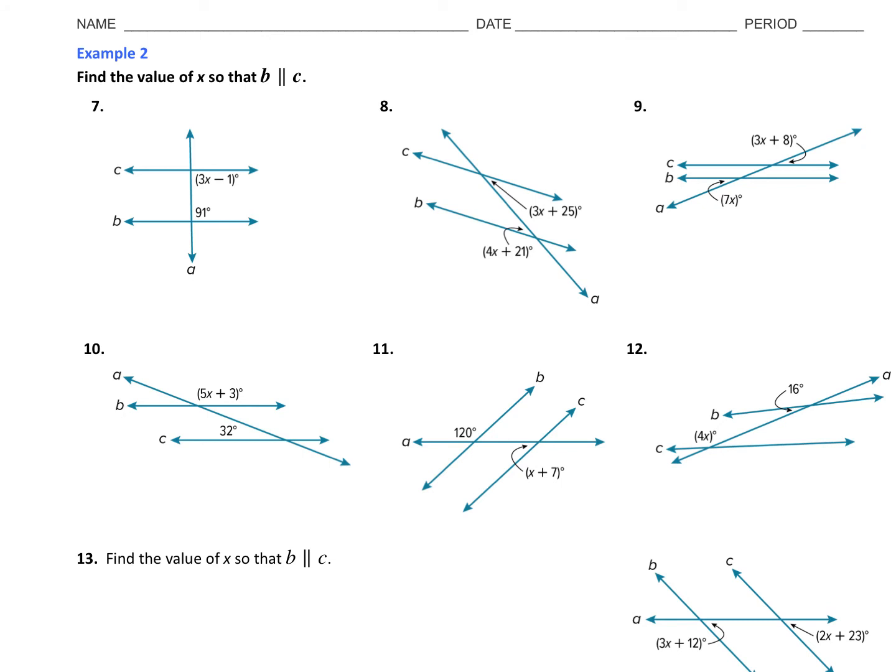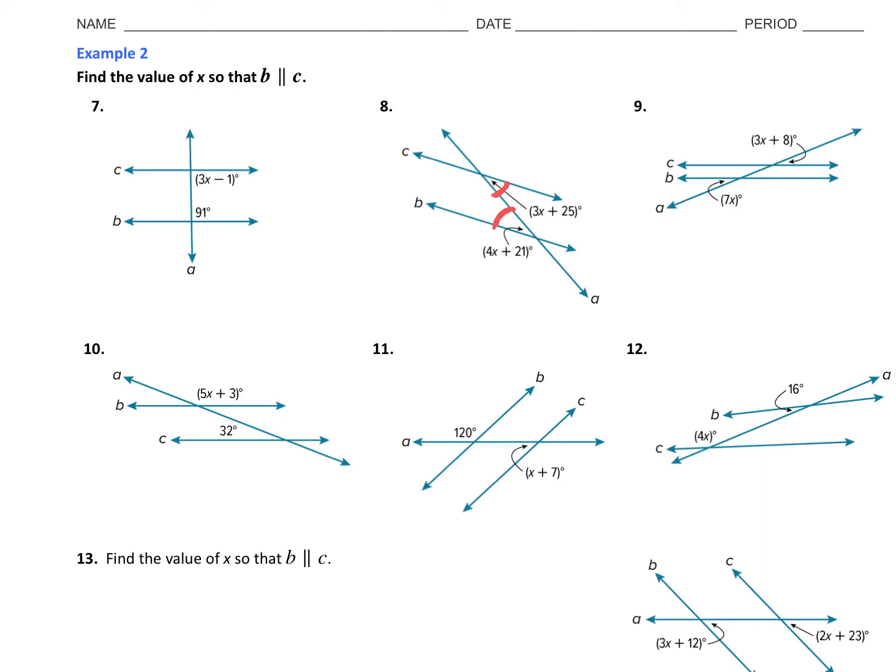Now that we've reviewed the definitions of our angle relationships, let's take a look and see how we would solve a few problems. If we take a look at number 8, we have 3x plus 25 for that angle and 4x plus 21 for that angle.